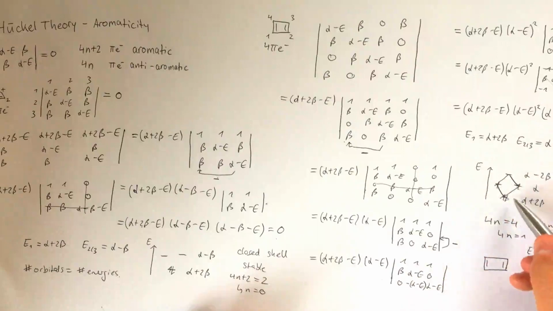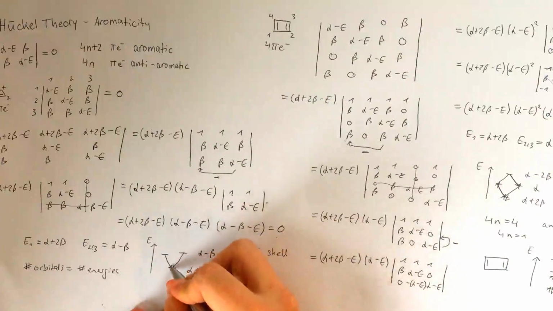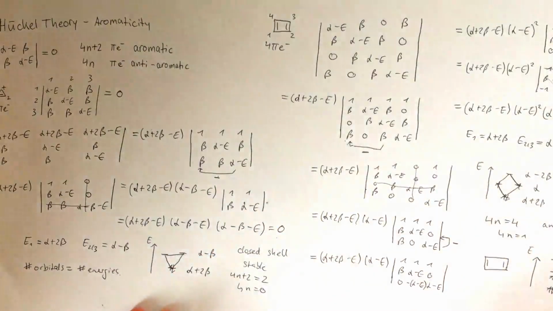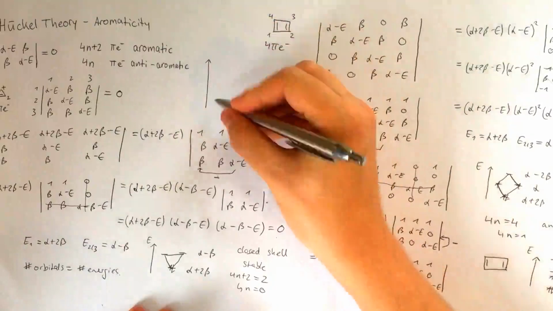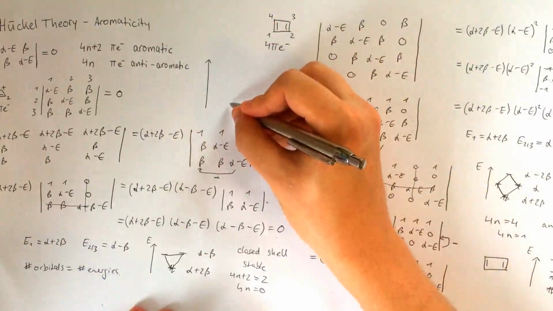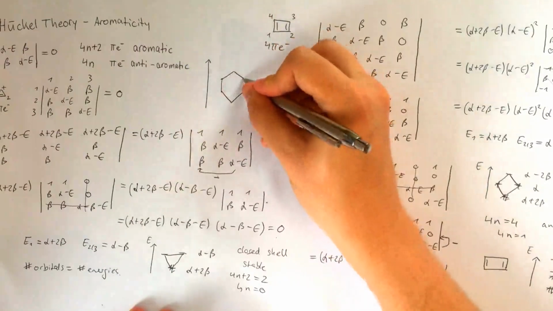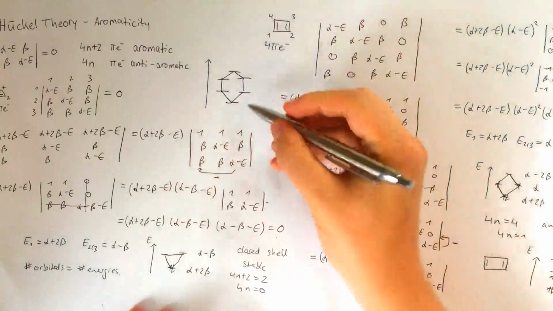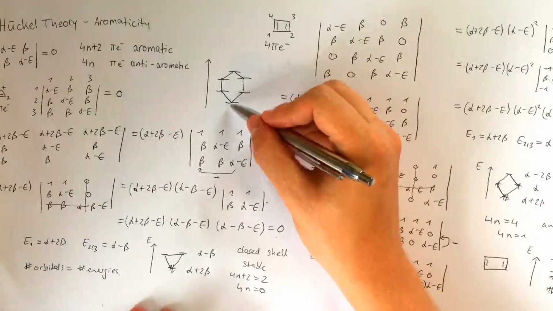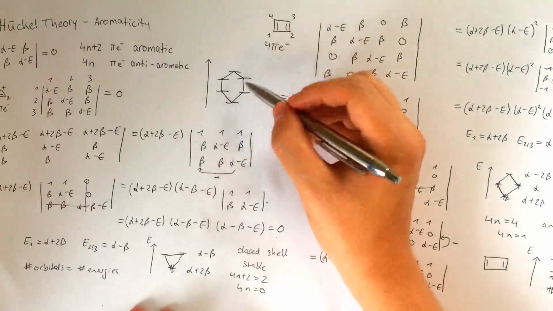And this works for our cyclobutadiene, and this also works for our cyclopropenyl cation, and it will also work, if we look here, it will also work for benzene. Where I've just drawn the hexagon with one of its corners pointing down, and then respecting the rest of the symmetry of the shape.